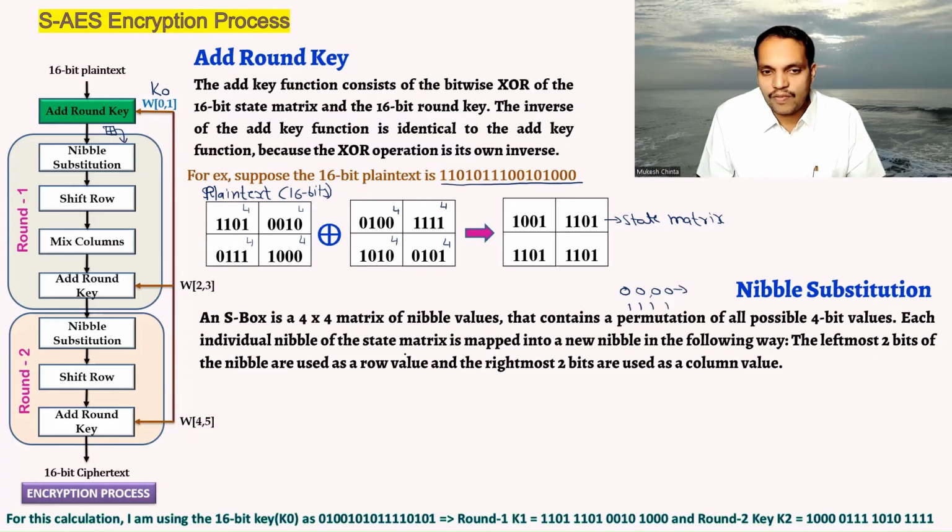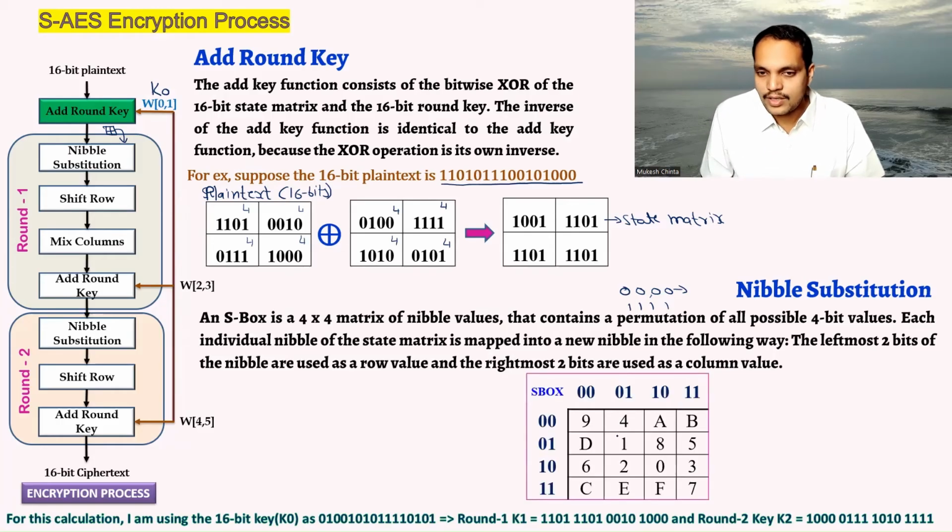Each individual nibble of the state matrix is mapped into a new nibble in the following way. The leftmost 2 bits of the nibble are used as a row value, and the rightmost 2 bits are used as a column value. This is what we just did during your key expansion. The same operation we are going to do here. This is the S box.